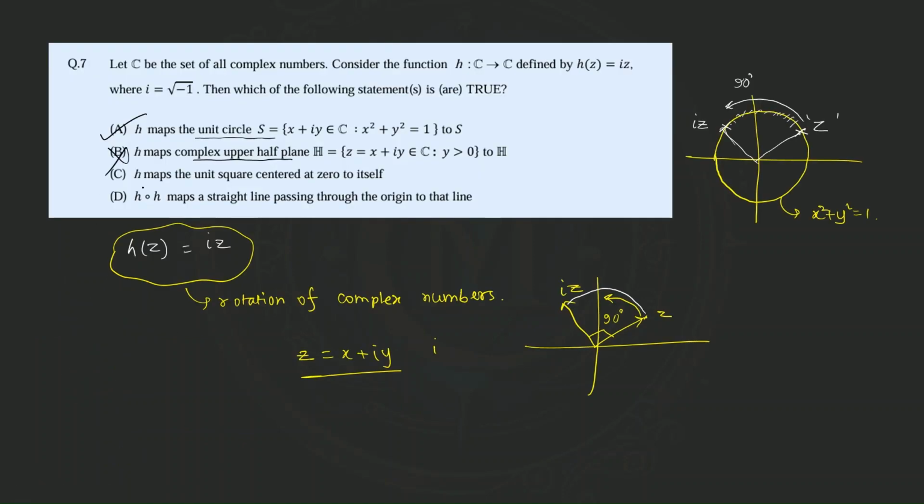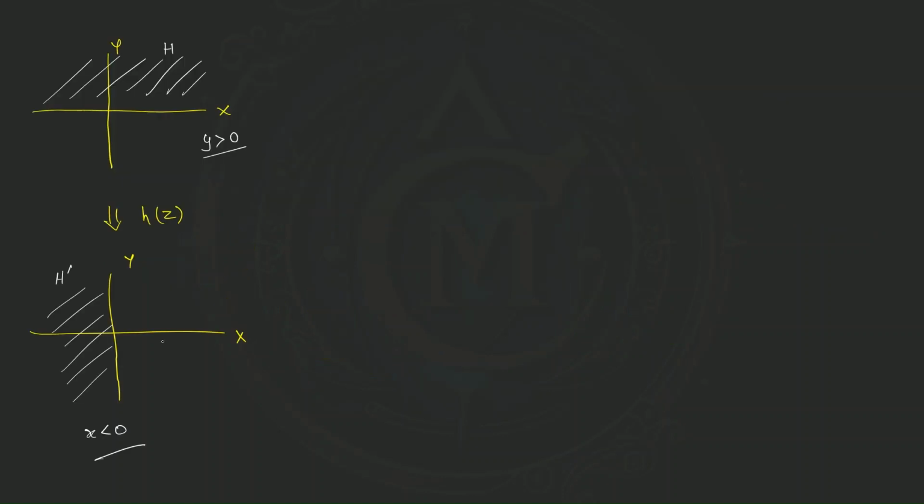Now let us check option C. h maps the unit square centered at 0 to itself. We have this unit square centered at the origin; unit square means the side length is unity.